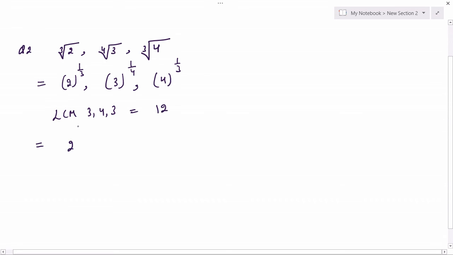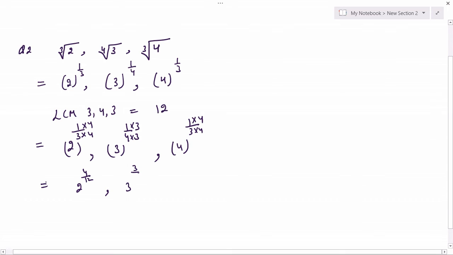Now in the next step you will convert the denominator of each power to 12, so multiply accordingly. So here I will multiply by 4, here I have to multiply by 3, and here I have to multiply by 4. Okay, so this is 2 raised to power 4 by 12, this is 3 raised to power 3 by 12, and this is 4 raised to power 4 by 12.